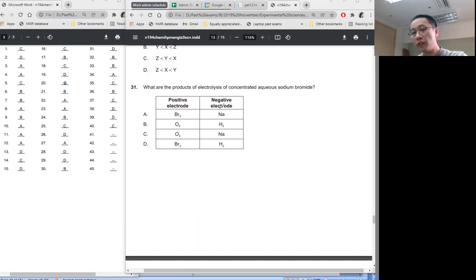Hydrogen is not really a metal, but it can act like a metal in the sense that it can undergo displacement reactions or preferential reduction, which is going to happen in this case, because the hydrogen, which came from water, is actually 2H+ from water.